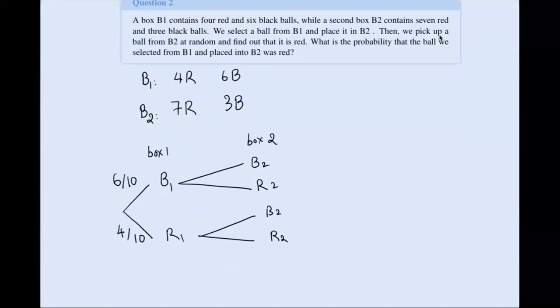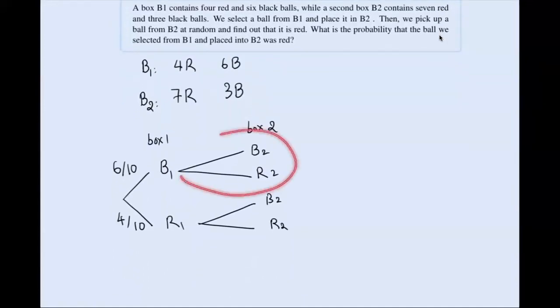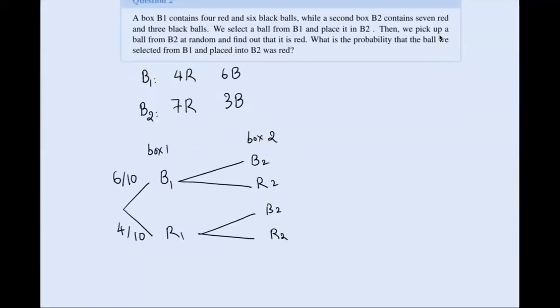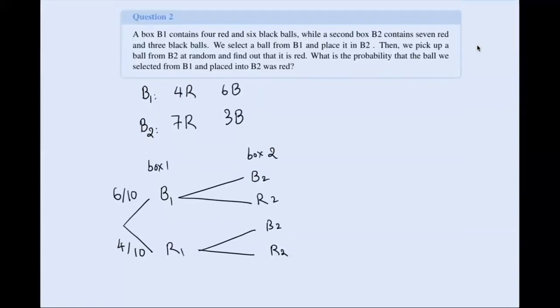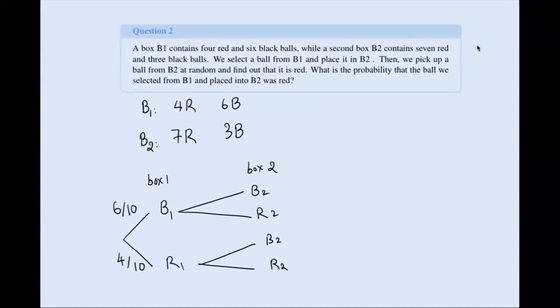Now I will need to figure out the probability for each branch here. So B2 would be 7/11 and R2 is 5/11. Let's see. So if I pick a black ball from box 1 and put it in box 2, now box 2 will have 4 black. Then like the student says, we have 11 balls in total.